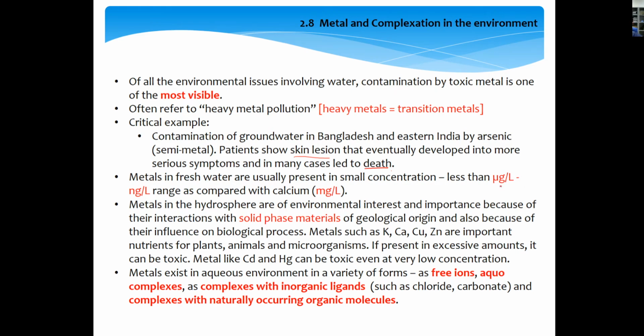So in the range of microgram per liter or nanogram per liter, as compared to calcium, which appears in milligram per liter. So this metal has been the interest of study because first of all, it's toxic. It can influence the biological process. And the second one, it can interact with any solid phase in the environment.